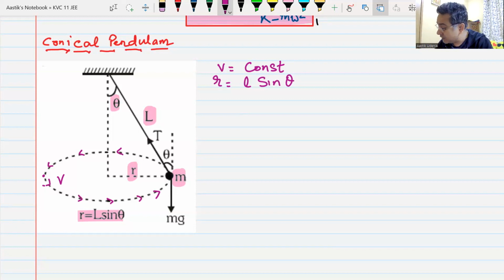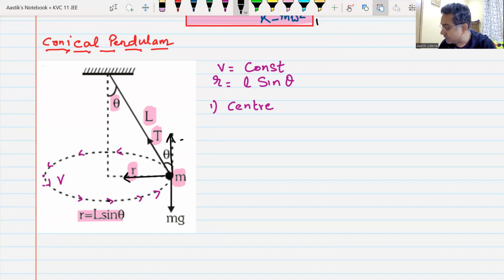Okay, now I can make the equations. The first equation is towards the center. Can anyone tell me what will be the equation towards the center? This is T. T is going like this. So I will have to resolve T into two components. One component will be going towards the center and one component will be going in the vertical direction.